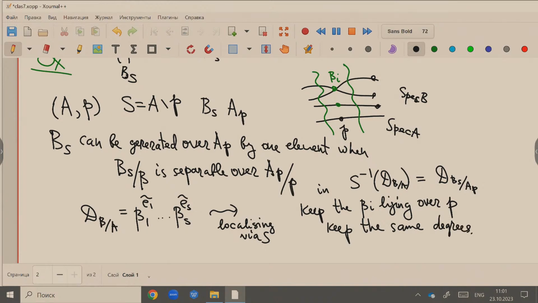So that's why you can read off the indices, as we are localizing at different P's.